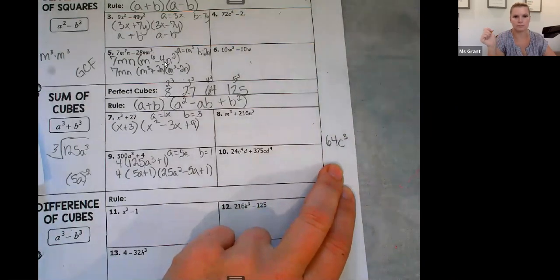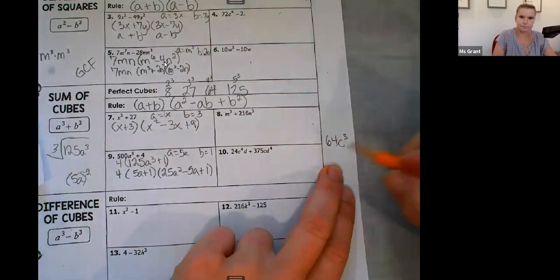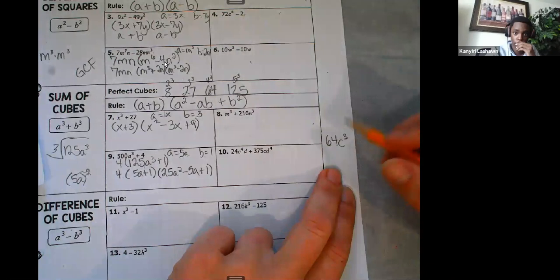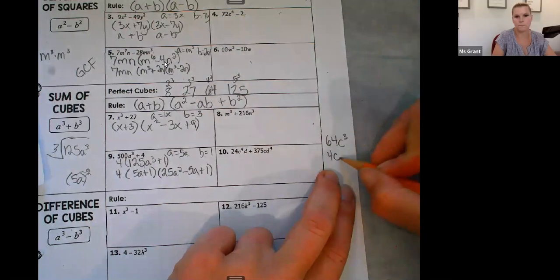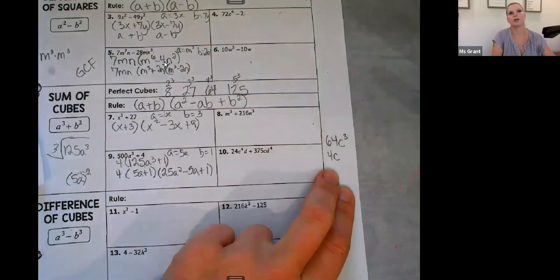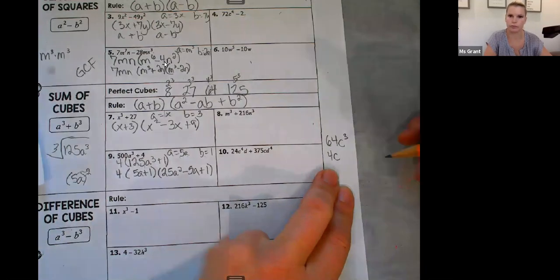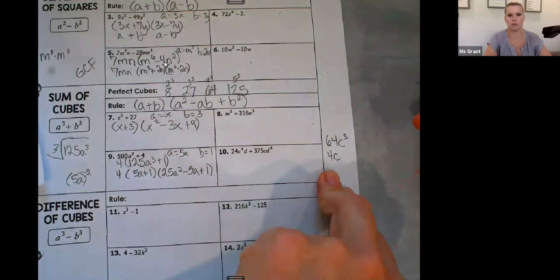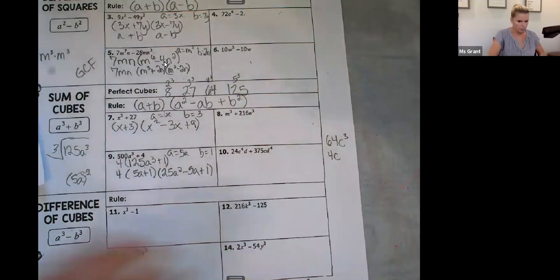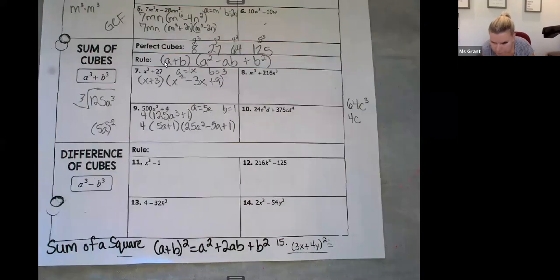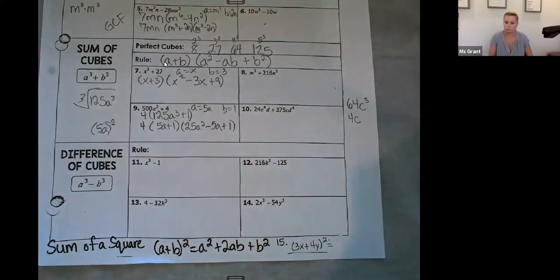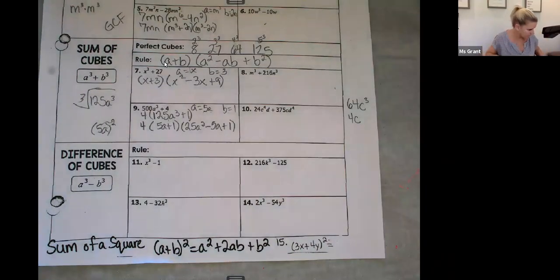Does anybody want to volunteer? 4c. Yep. Because I cube rooted the 64c to the third. So it's all like what times what makes the number. Okay.